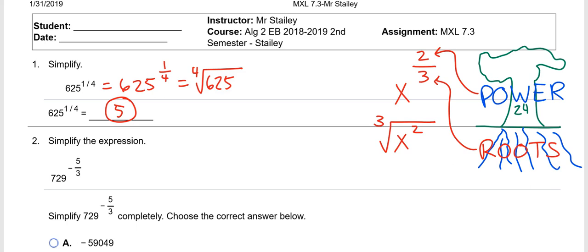The tree is just an illustration to help people remember power here, root here. So we have the first root of 625 to the first power. That's how we got that. Excellent. So far, make sense?